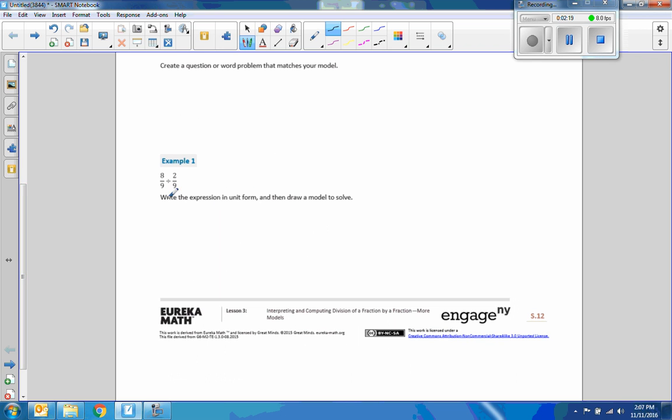Example 1. Okay, so now we're going on to example 1. 8/9 divided by 2/9. Write the expression in unit form, then draw a model to solve. So write the expression in unit form. Alright, try a model.